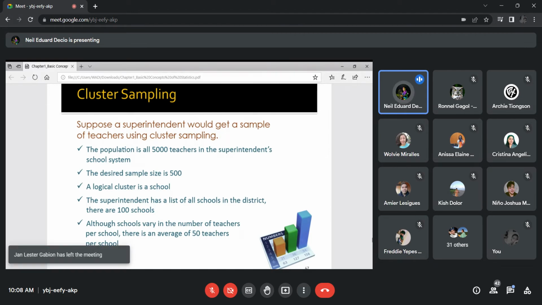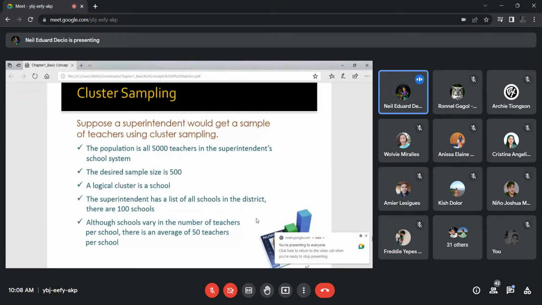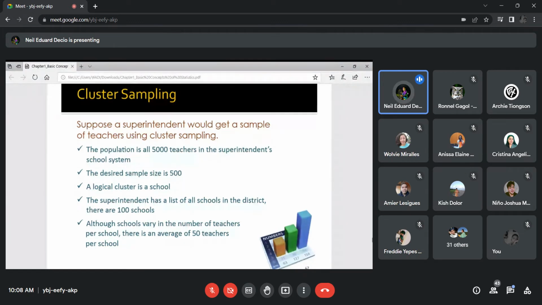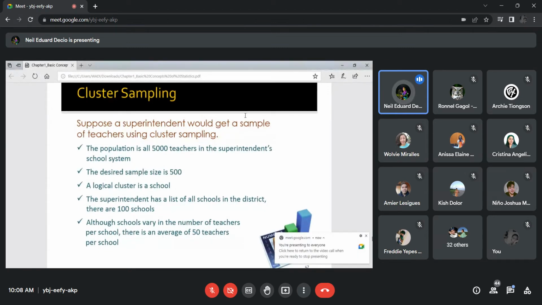According to this problem, there are 100 schools, so our cluster is equal to 100. Although the schools vary in number of teachers, because not all schools have the same number of teachers, what we do is average them. You approximate the average number of teachers per school.